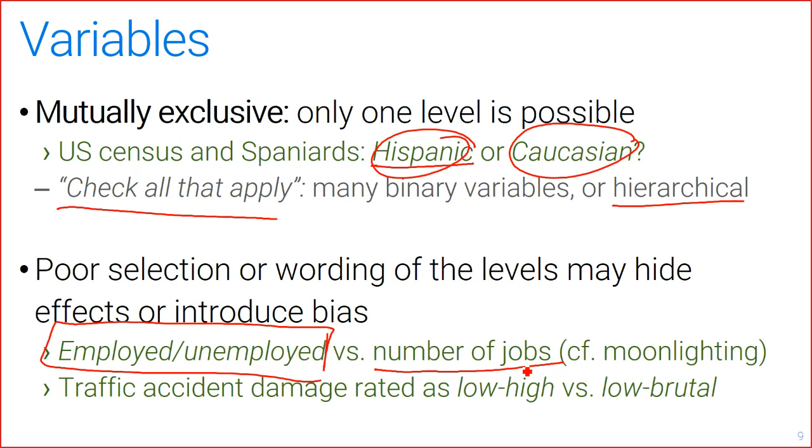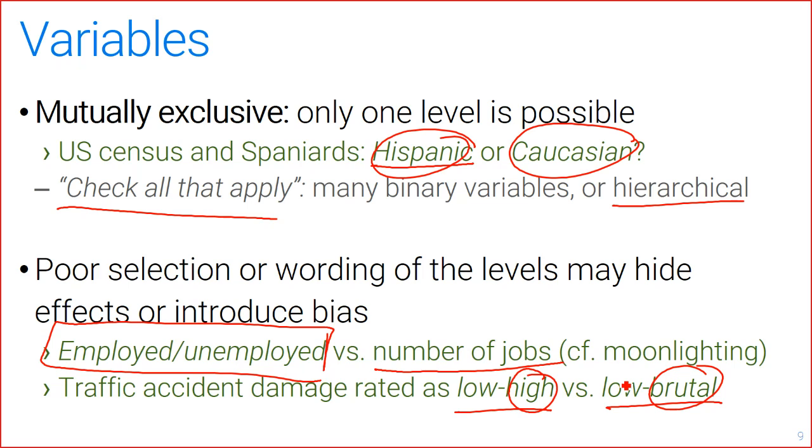And something that we also know happens is that the words that we use to describe the levels of a variable may have a certain bias on people. So for example, we know that if you put in front of people video recordings of traffic accidents, and then you ask people to rate the damage of the accident as low, high, or brutal, then people are often going to choose high, but not so often going to choose brutal, because the connotation is a lot worse than high.